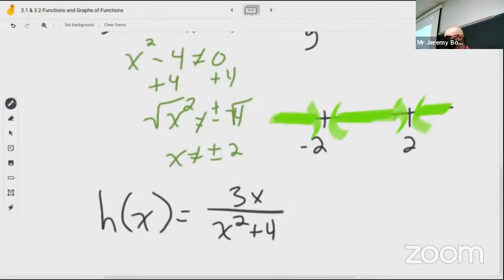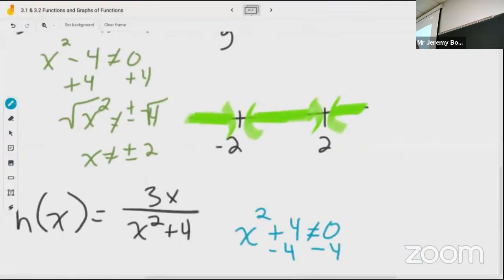What do you think you do? We'll do the same thing. All right, cool. Let's do it. So we have x squared plus 4 equals 0. That's the expression we have in the denominator. Try to solve it.